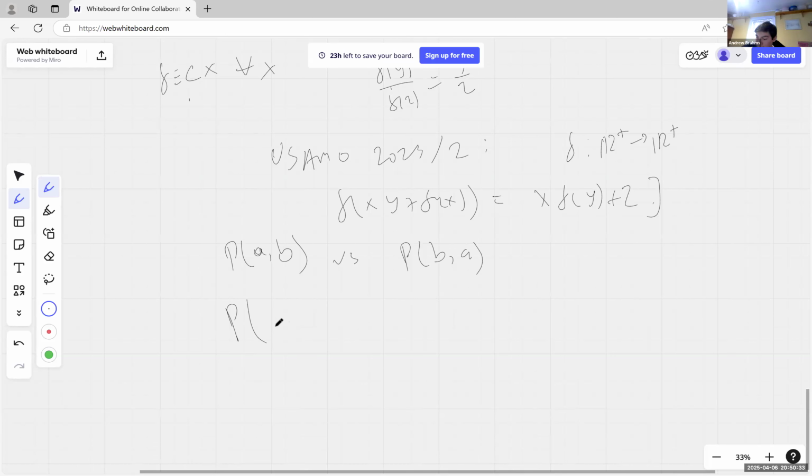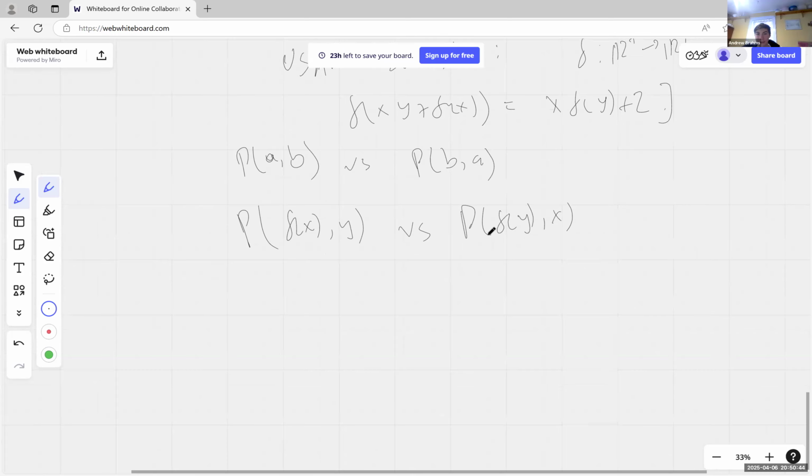If we plug in P of f of x comma y, and we look at that versus P of f of y comma x into the original equation, what we get is f of xy plus f of x is equal to f of x f of y plus 2. But this side is actually symmetric.